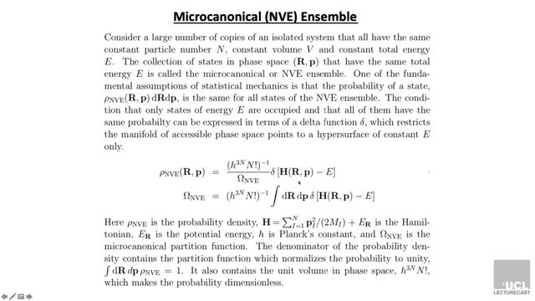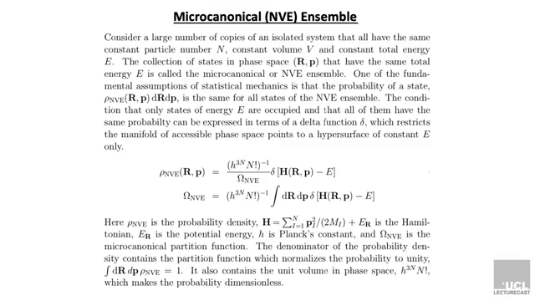So this is a delta function, and it is properly normalized by the microcanonical partition function Omega NVE. And this just sums over all these points in phase space that have a total energy of E. So if you then integrate rho NVE over all phase space, you get 1. Okay.